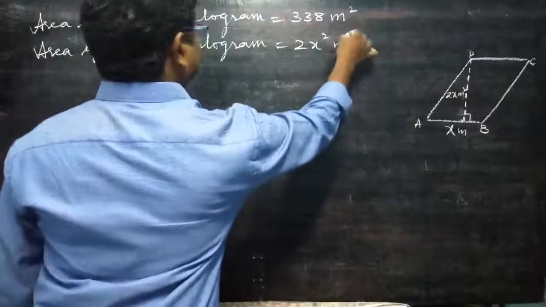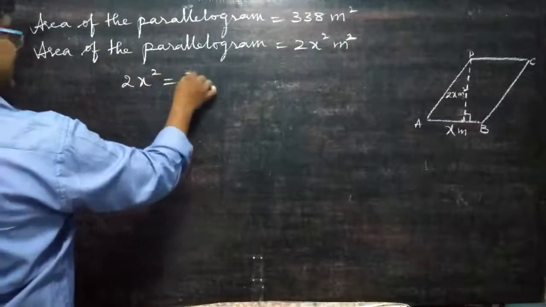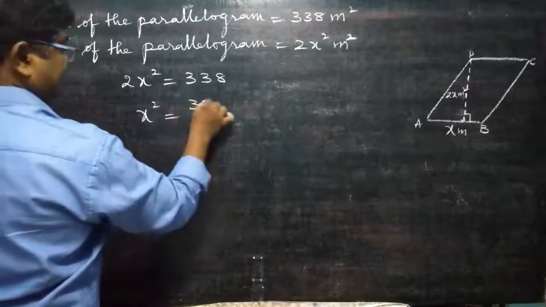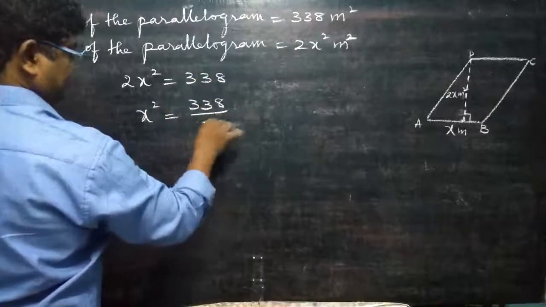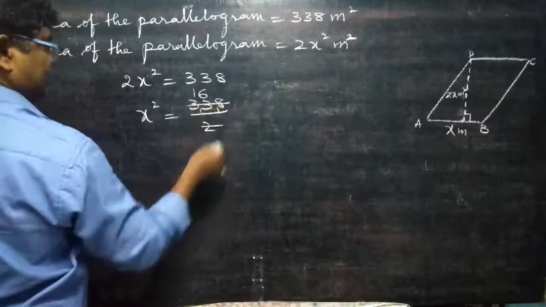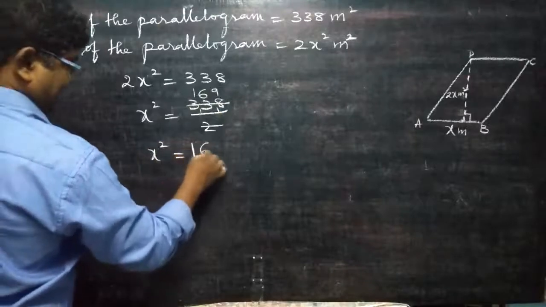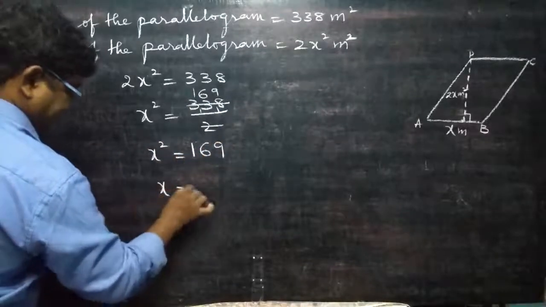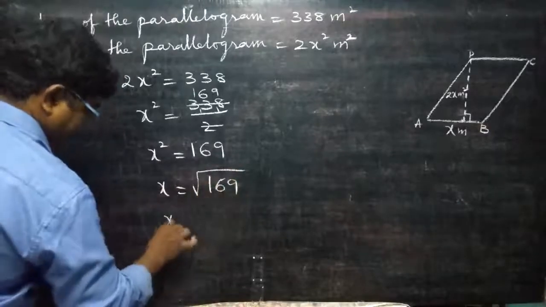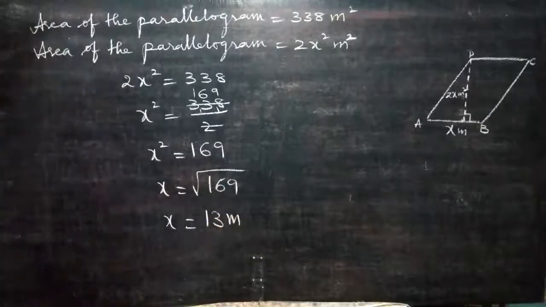Both are areas, so compare. 2x square is equal to 338. x square is equal to 338 by 2. 2 ones are 2, 2 threes are 6, 2 nines are 18. So x square we got as 169. x is equal to square root of 169. We know square roots, 13 13s are 169. So x will be 13 meters.